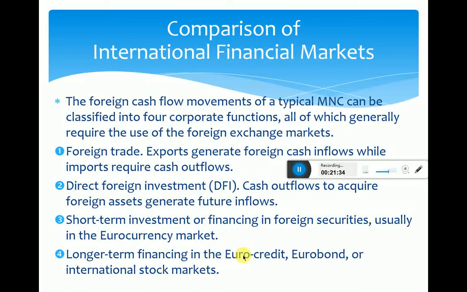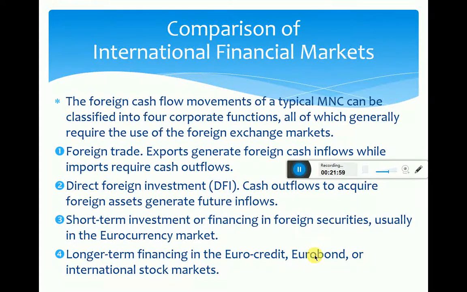If a certain currency is borrowed for a longer period of time, it's the euro credit market. If a certain currency is lent out by the multinationals, it's outflow, euro credit market. Similarly, if multinational corporations sell bonds, euro bonds, it's on the euro bond market.